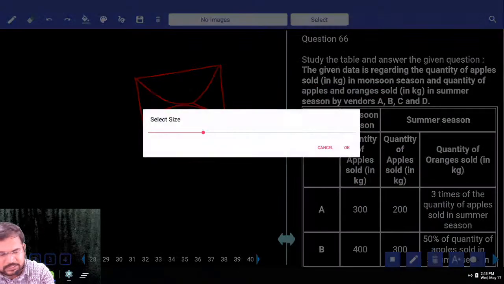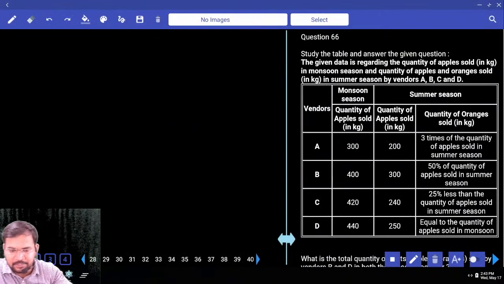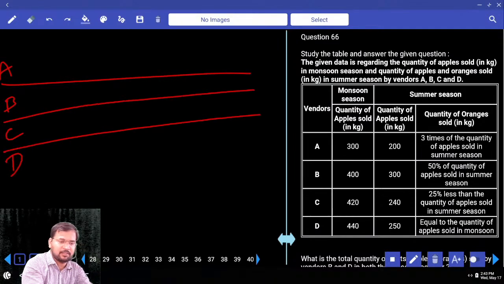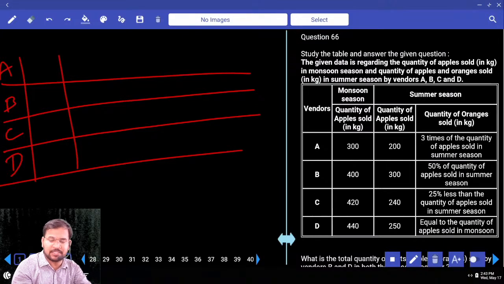Question number 66 onwards, they have given data interpretation. Vendors A, B, C, D. So tell me, apples, monsoon season, summer season.